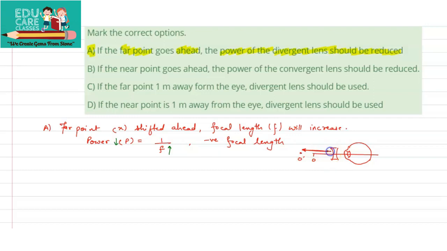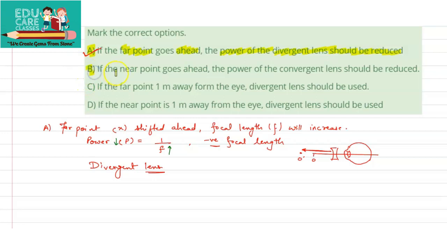Since you have a negative focal length, you will use a divergent lens, and the power will decrease. So our option A, if the far point goes ahead, the power of the divergent lens should be reduced, is the correct option.